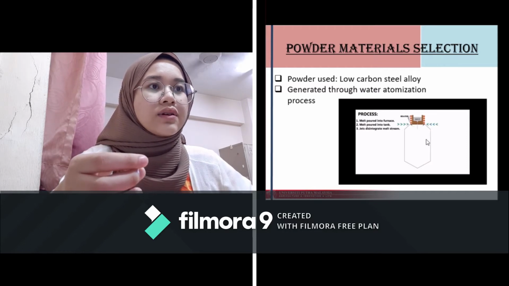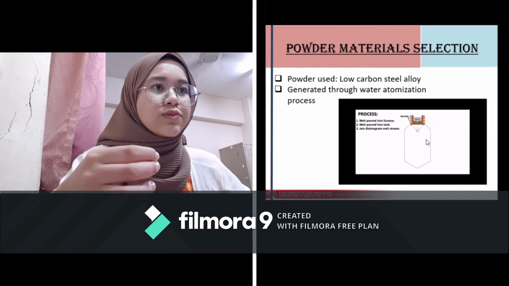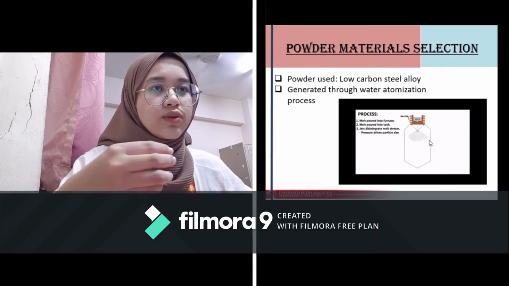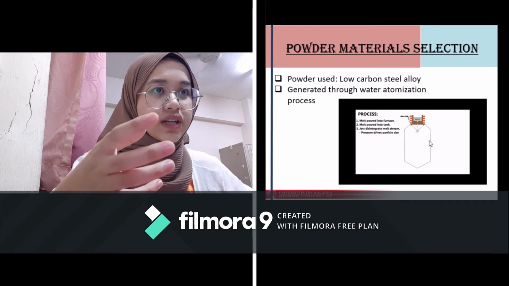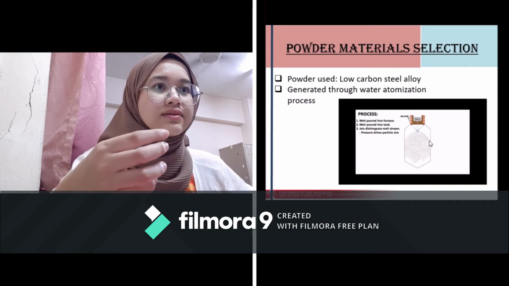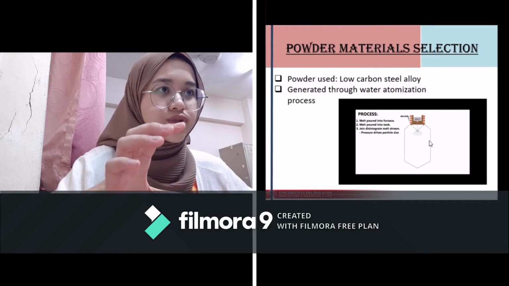Okay, the atomization process begins with the melt poured into the furnace, and then the jet will disintegrate the melt stream.